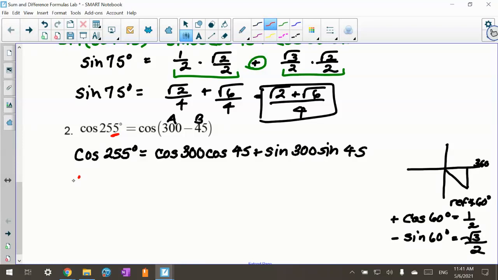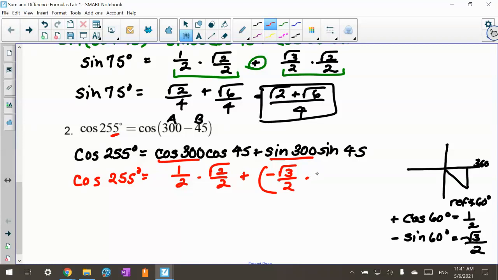So I'm going to do the cosine of 255 degrees. So the cosine of 300 is really the same as the cosine of 60. So that's going to be a half times the cosine of 45, which is radical 2 over 2, plus the sine of 300, which is down here, which is the sine of 60, but now it's negative. So this is going to be negative radical 3 over 2 times radical 2 over 2, which is the sine of 45.